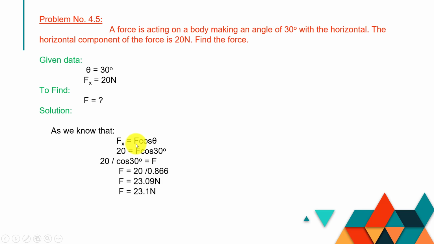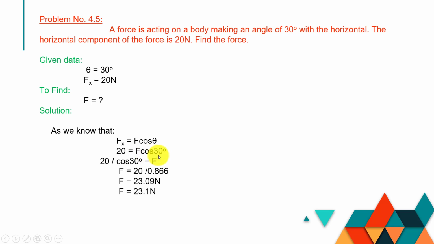So by putting the given values, we get 20, which is the value of Fx, equal to F, which we have to find out, multiplied by cos 30 degree, as 30 degree is the value of the angle. So to find out the force F, we have to divide by cos 30 degree on both sides.